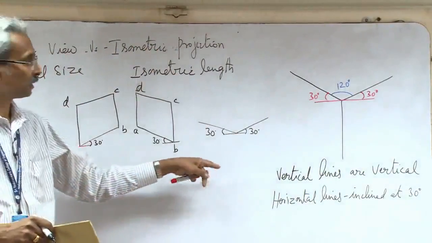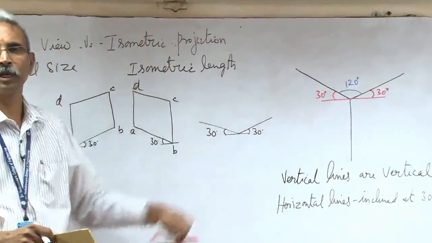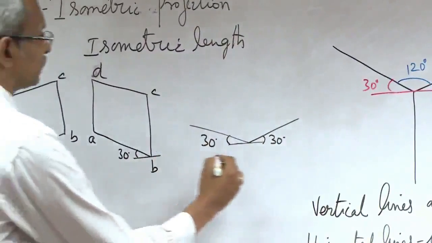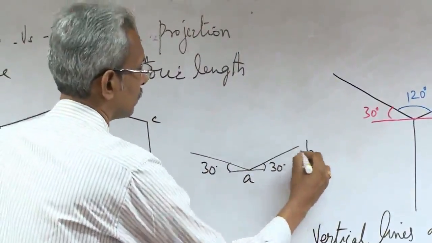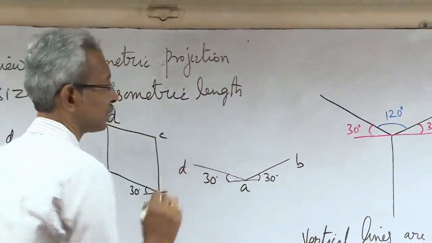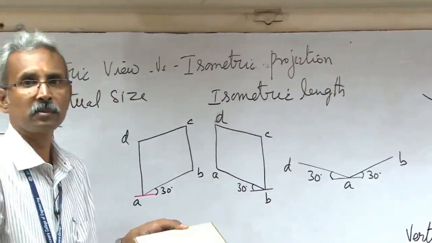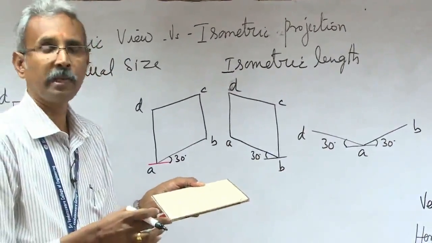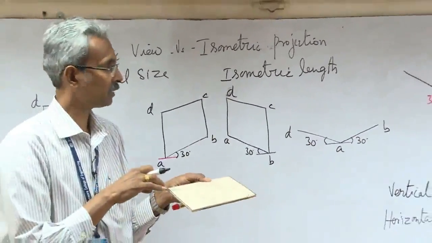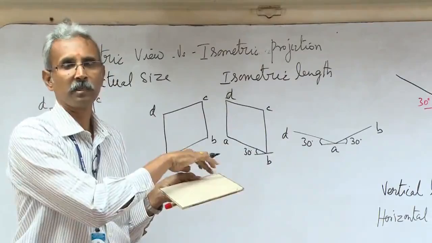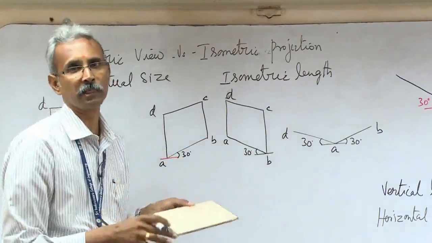Draw two lines inclined 30 degrees with respect to the horizontal. So suppose you take this as A, right? And then it will be like this. So this is my corner A and this is B and this is D, and I need to draw C. So how will I get this corner C?